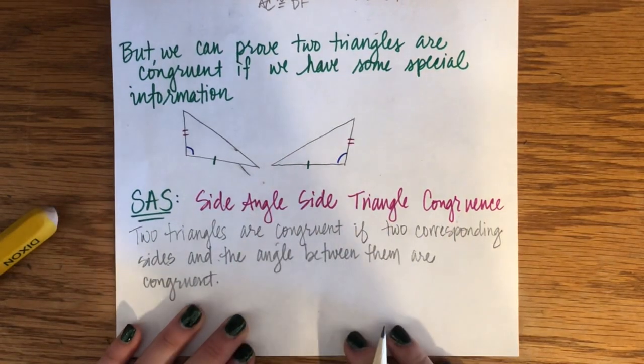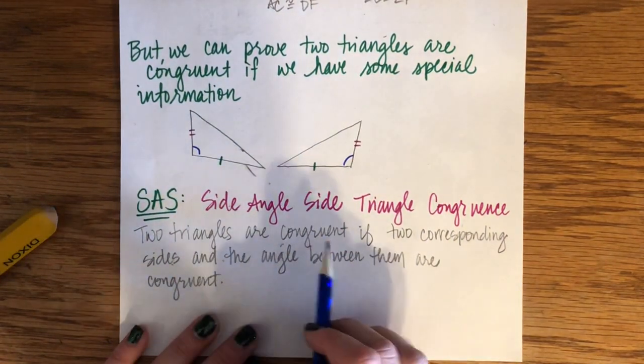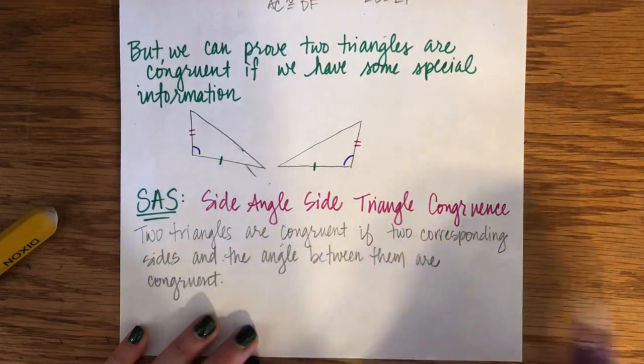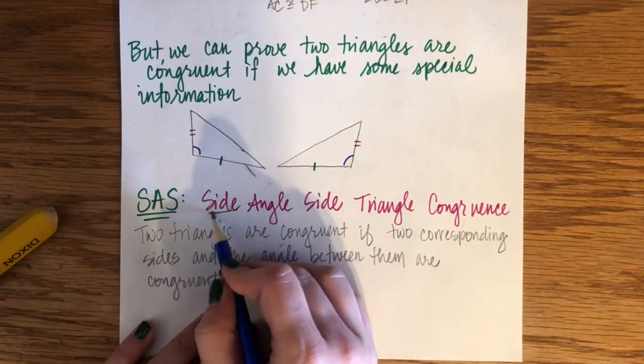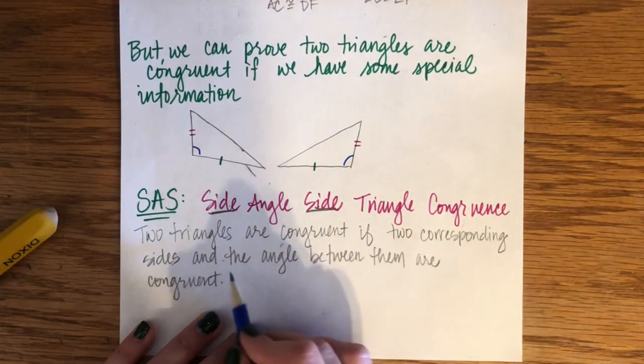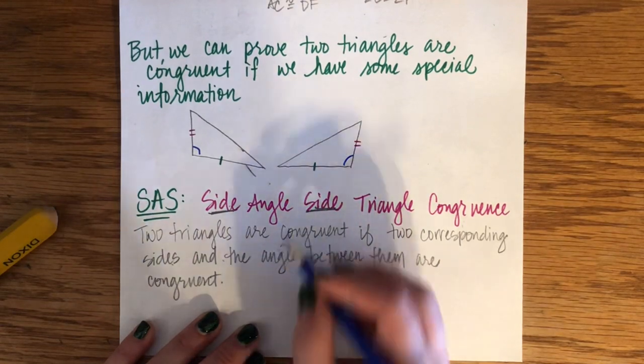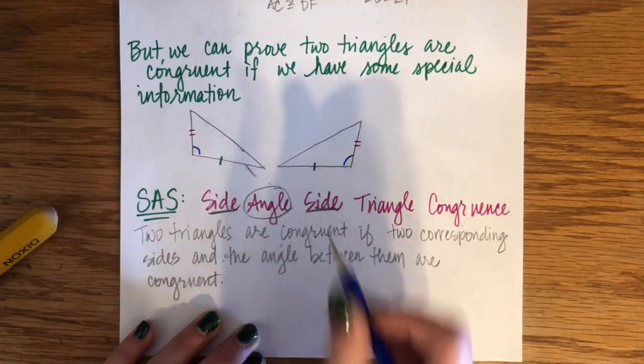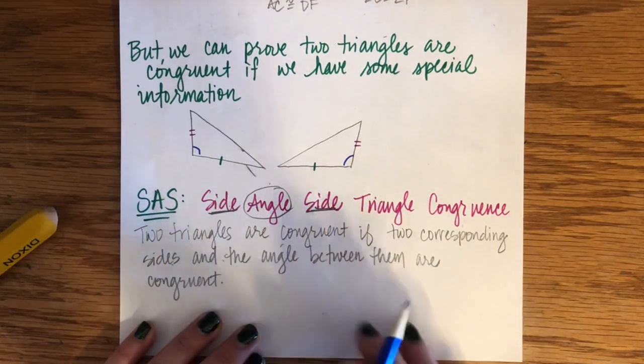That's kind of a wordy definition. So again, 2 triangles are congruent if 2 corresponding sides, now look, in the name of it, 2 sides, and the angle between them, notice the word angle is in between the 2 sides, are congruent.